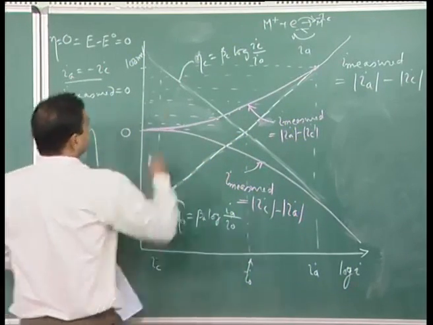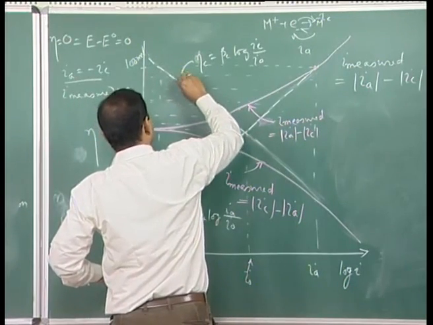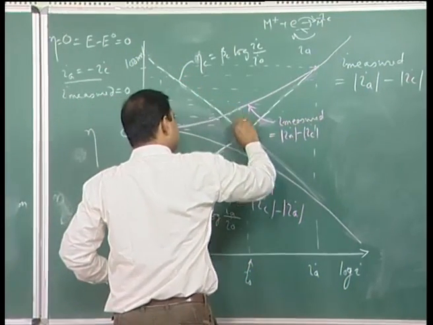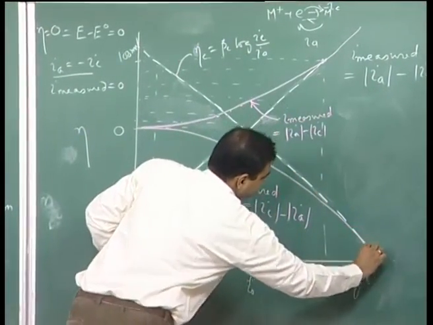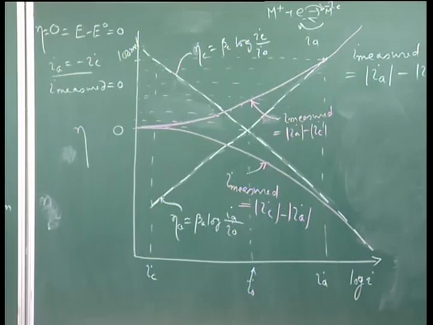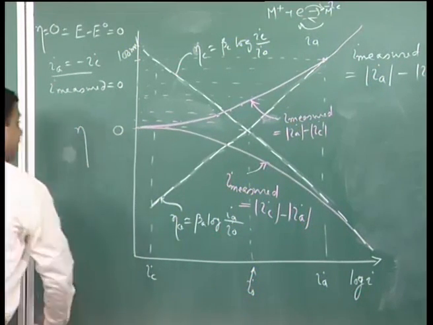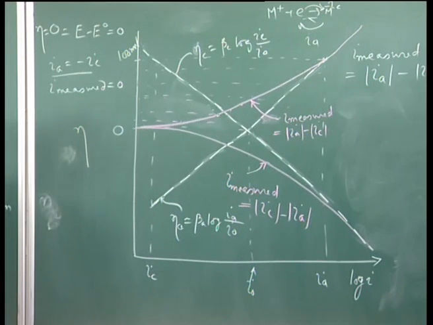This is not my experimental plot, this is inherent in the system. So, I have gotten a polarization curve. Let me remove all the dotted lines and then I will only see the polarization curve.